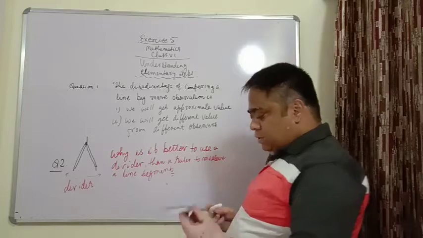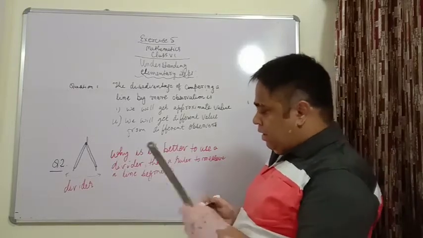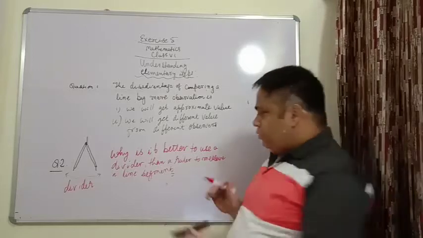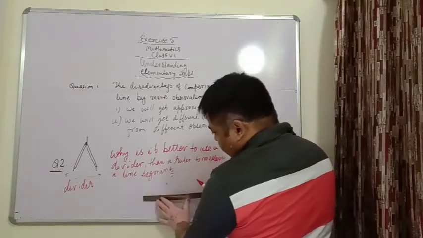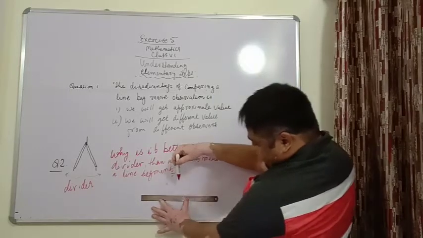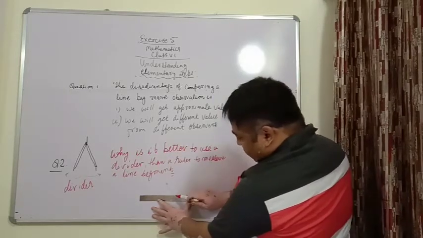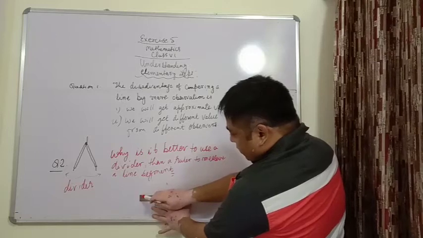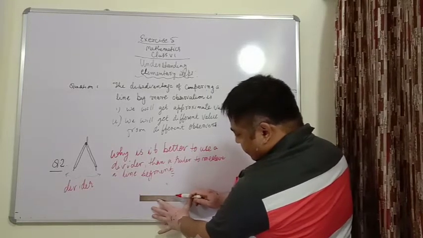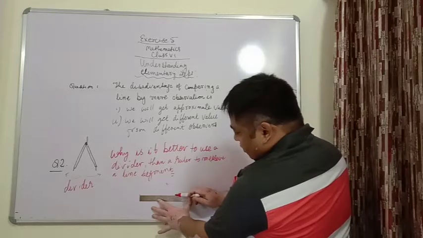Why? Because ruler has its own width, and the pen or pencil which you will be using will also have its own width. So if I want to draw say 10 centimeter, or 10 centimeter will be very small for you. So if I want to draw 15 centimeter, then one point will be here and another point will be here. Now I will join it.